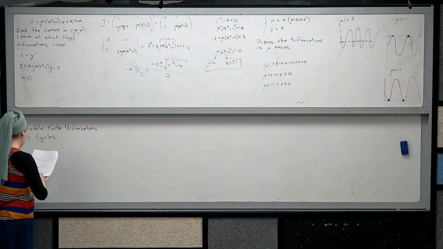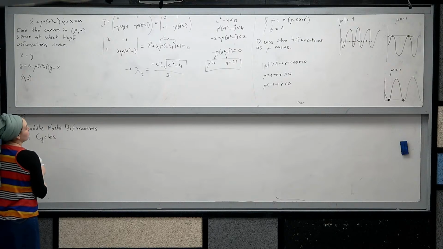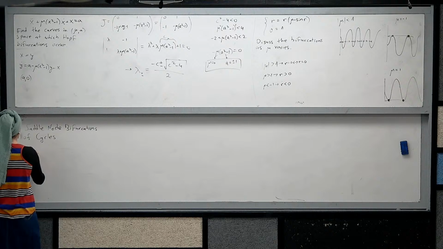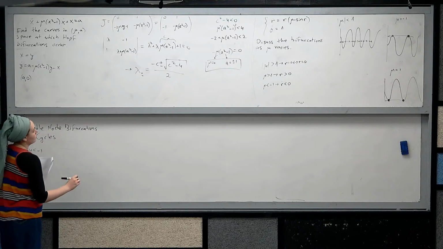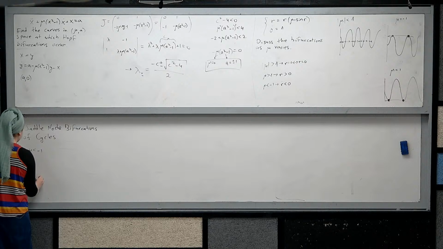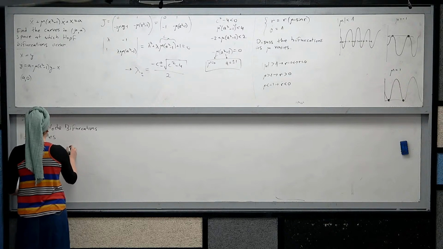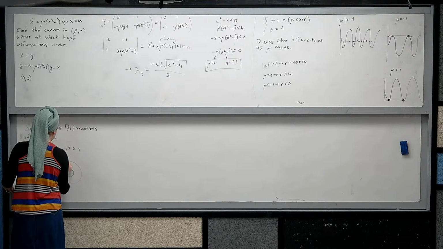How does it look? If mu is lower than minus 1, we have a stable spiral at 0. For mu bigger than 1, we get again a spiral, but unstable.